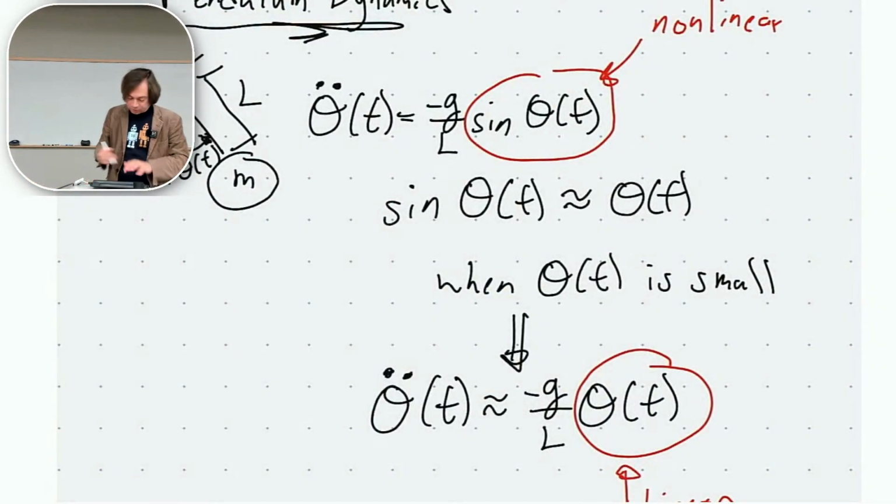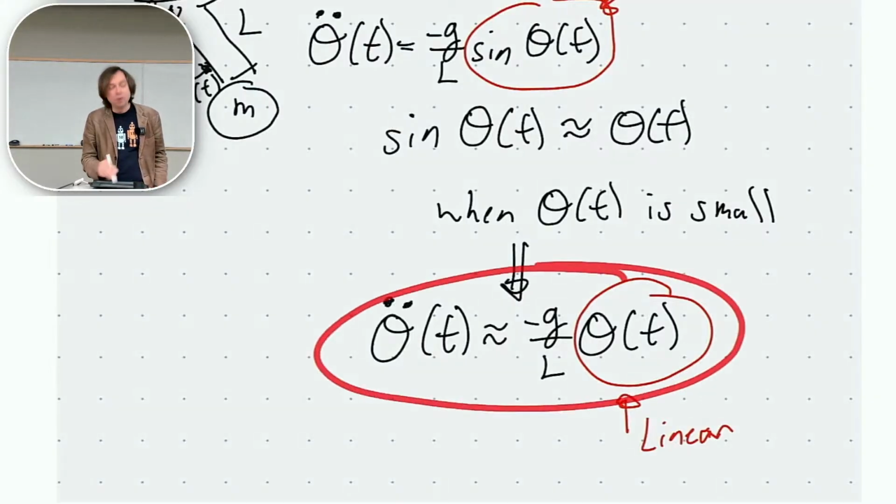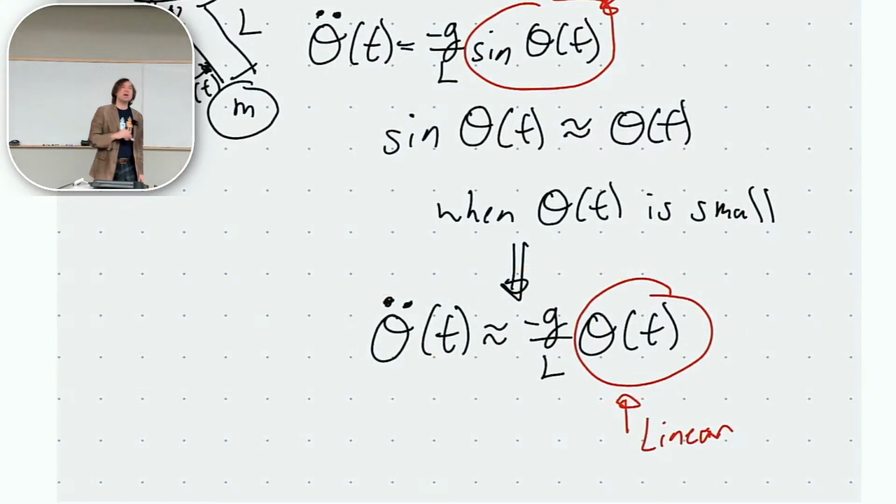But where does that come from? So you might have been wowed and amazed by your physics professor when they brought up the idea of this small angle approximation. Like, oh, how clever. Can I always come up with those clever ideas? What if I don't know that factoid that the sine of theta of t is close to theta of t when the angle is small?